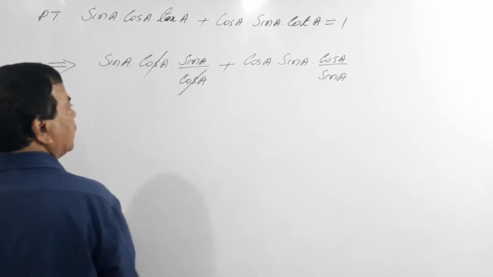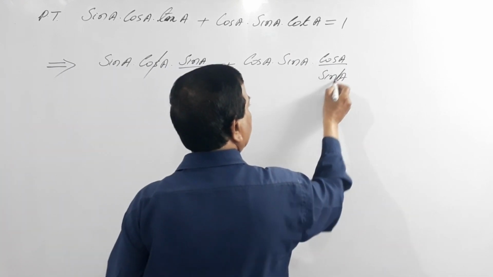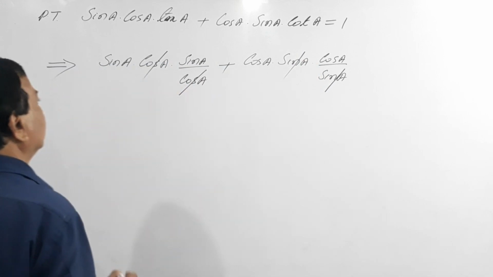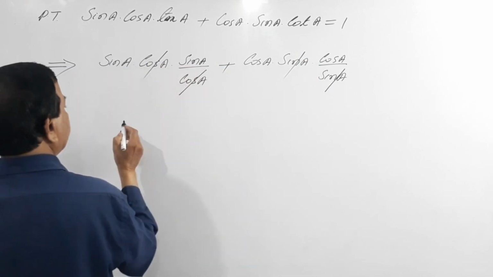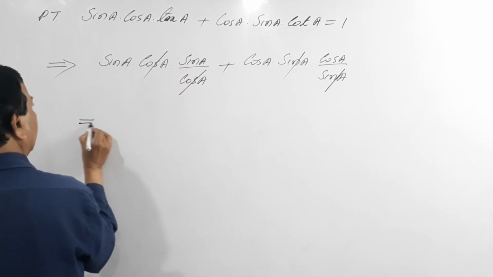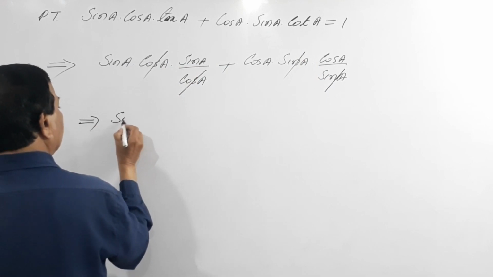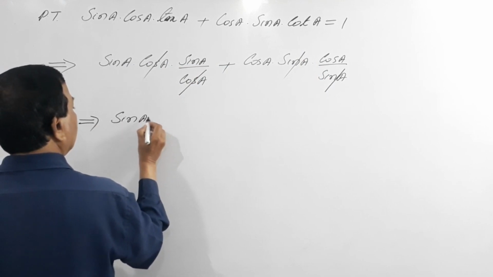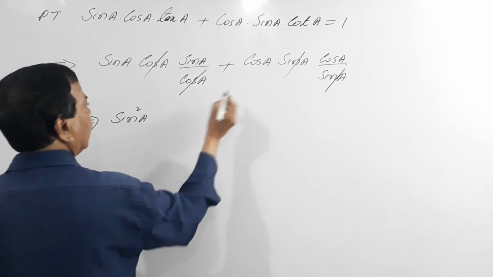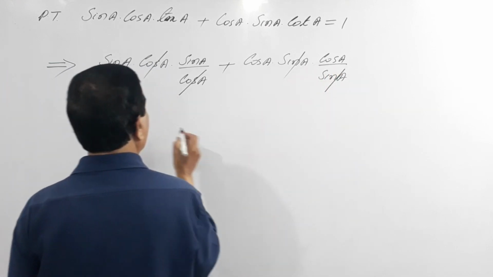Cos cancels, sin and sin cancel. So sin A into sin A is sin square A, and here cos A into cos A is cos square A.